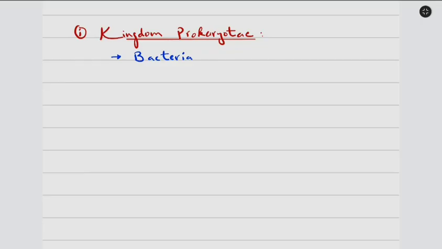Okay. So first of all, let's talk about the shapes of bacteria.